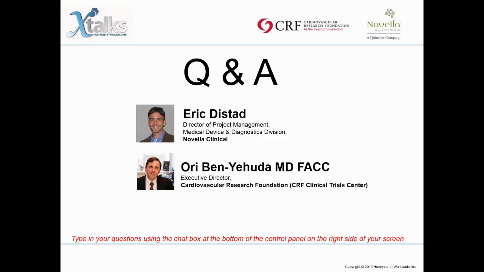So if an endpoint would allow us to, for example, only test the device in 10 patients and that would be powered and statistically significant, that would not be sufficient. So we need a certain reasonable number of patients. That will vary based on the patient population, the prevalence of the disease, the ability to find such patients.